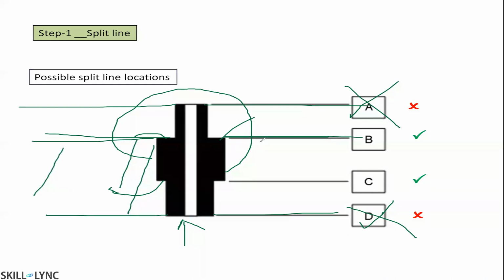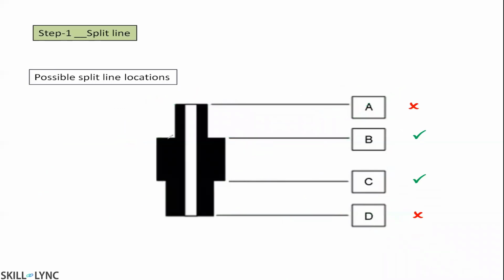So in order to avoid the sticking, we need to take more area of the plastic on the core side. That means B is the better solution for this part. So B is the perfect parting plane for this part. So I am making the core pin here.